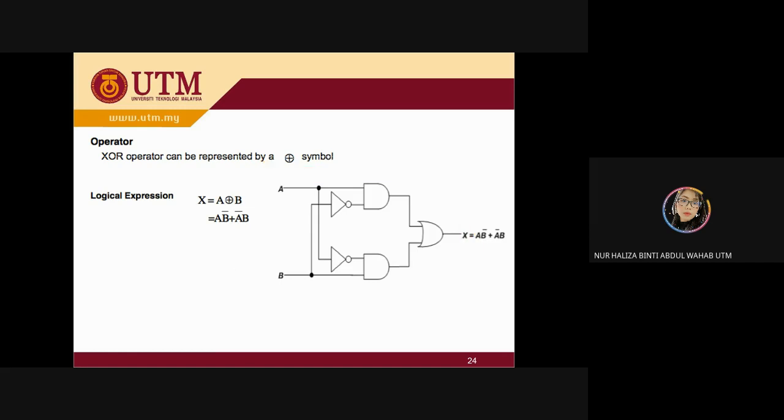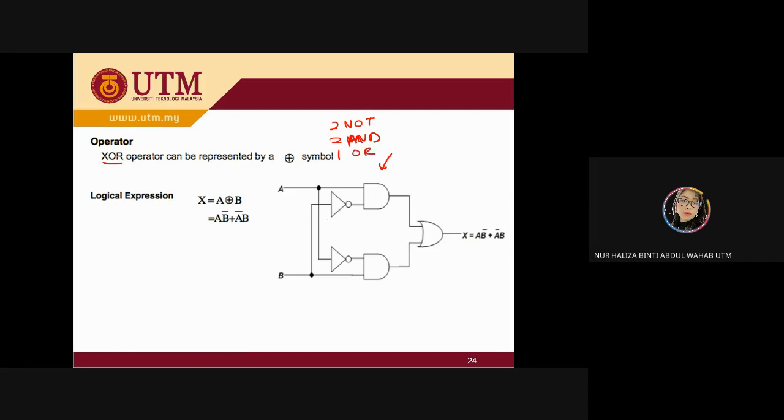So you need to remember the basic gates for your XOR and how they are connected together. It is 2 NOT gates, 2 AND gates, and 1 OR gate.